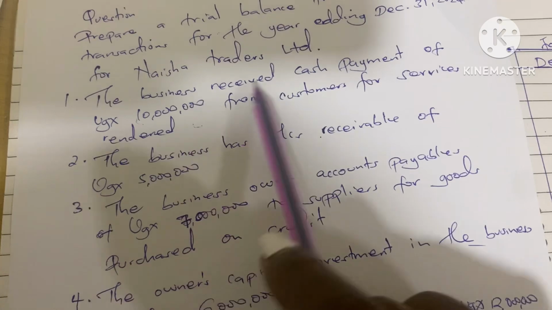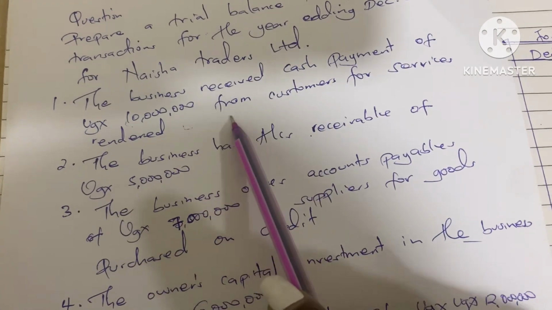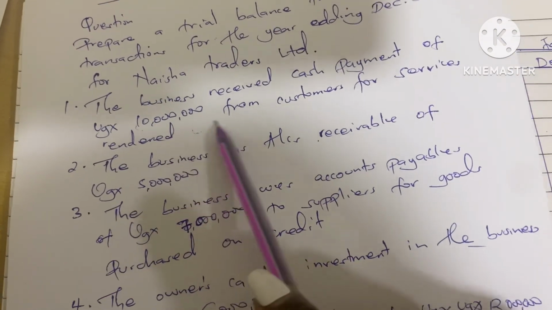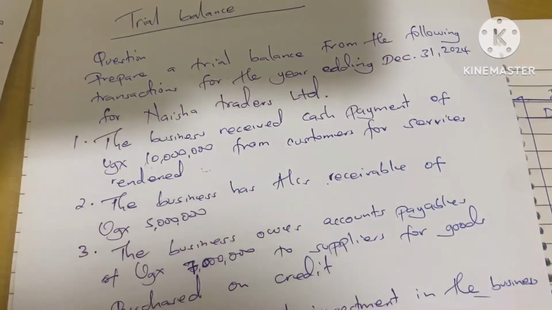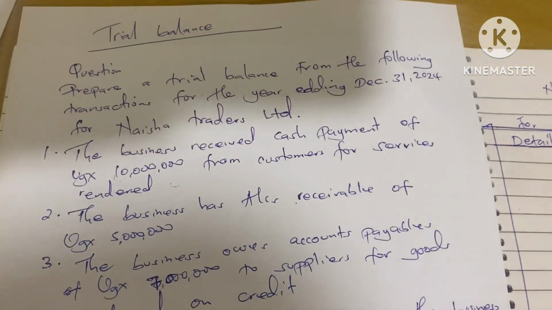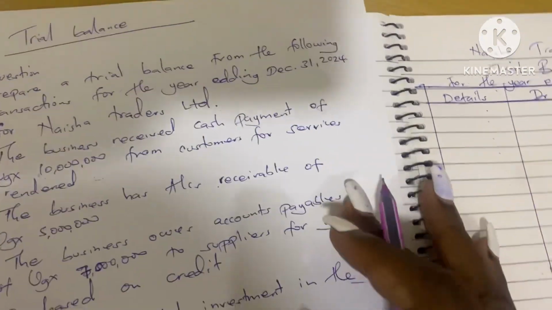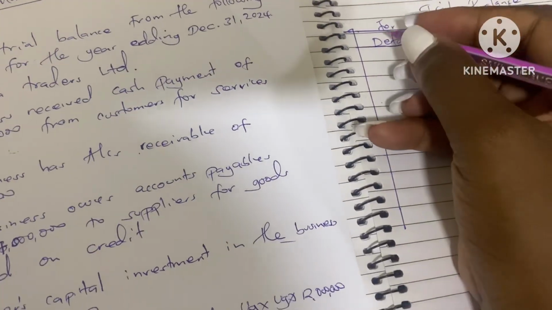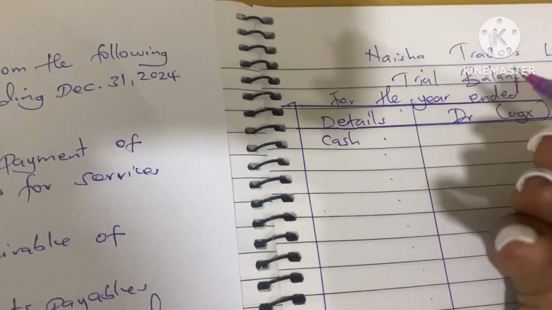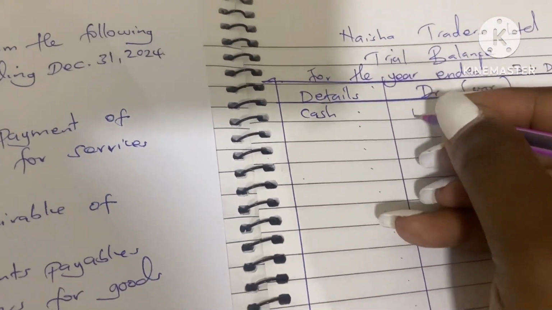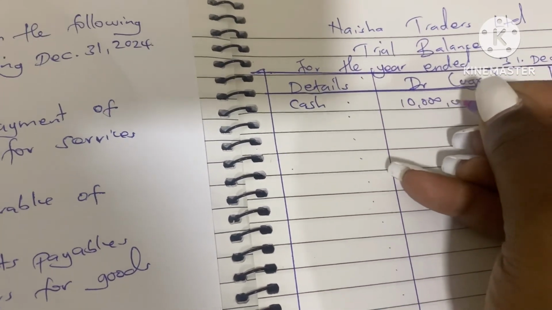They say the business received a cash payment of UGX 10 million from customers for services rendered. So they received 10 million for the services rendered, and that makes it cash. Cash is a current asset, so we debit it, which is 10 million.